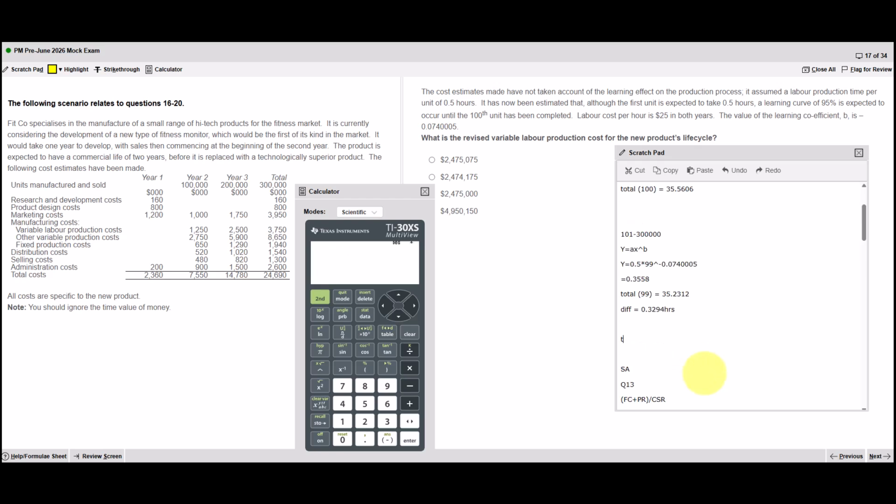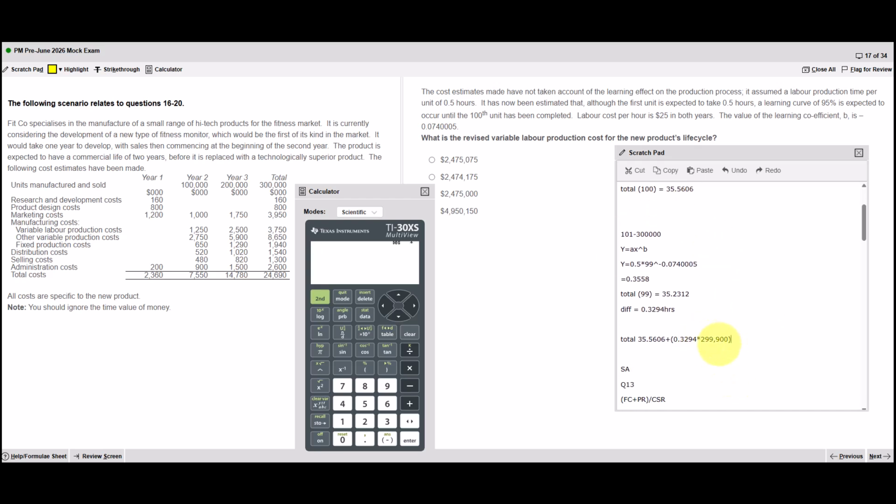So now we need to find the total hours used. This is the time used for the first 100 units, which we calculated up here, 35.5606. And now we need to do the total time for the other units. So it's 0.3294 per unit. How many units have we got? Well, it's 299,900 units because the first 100 are here.